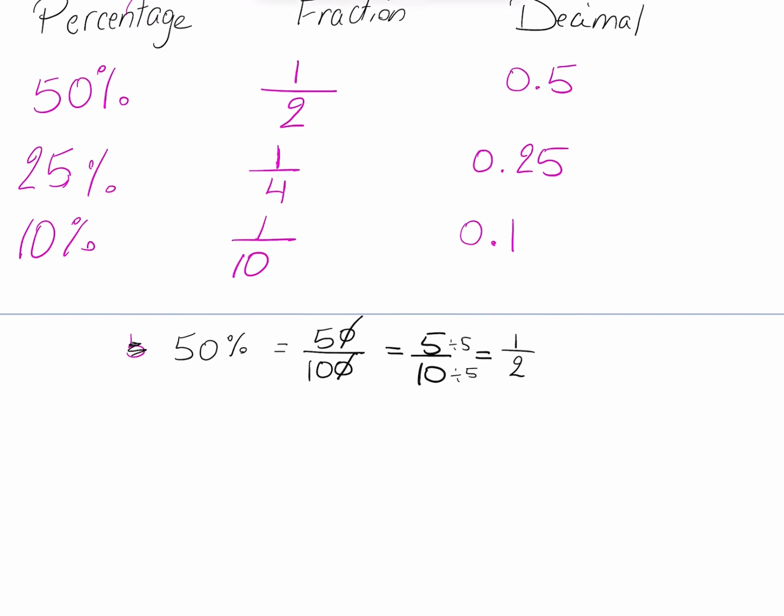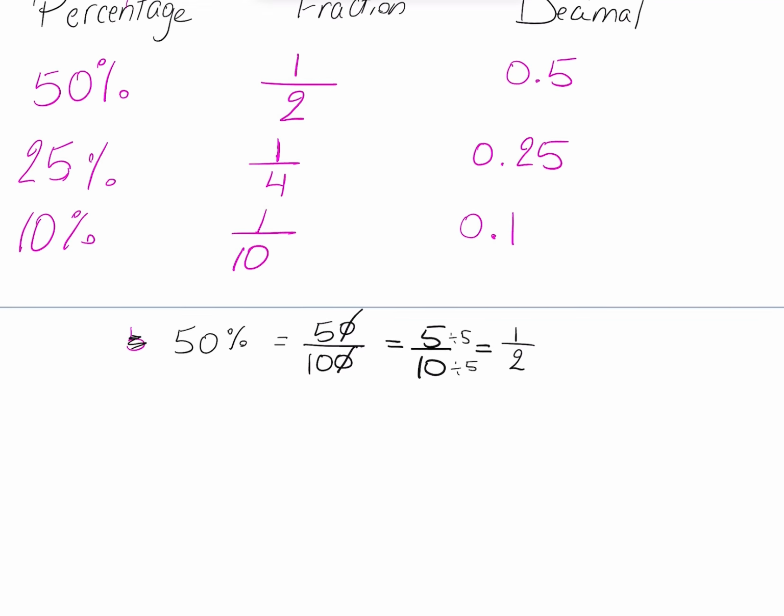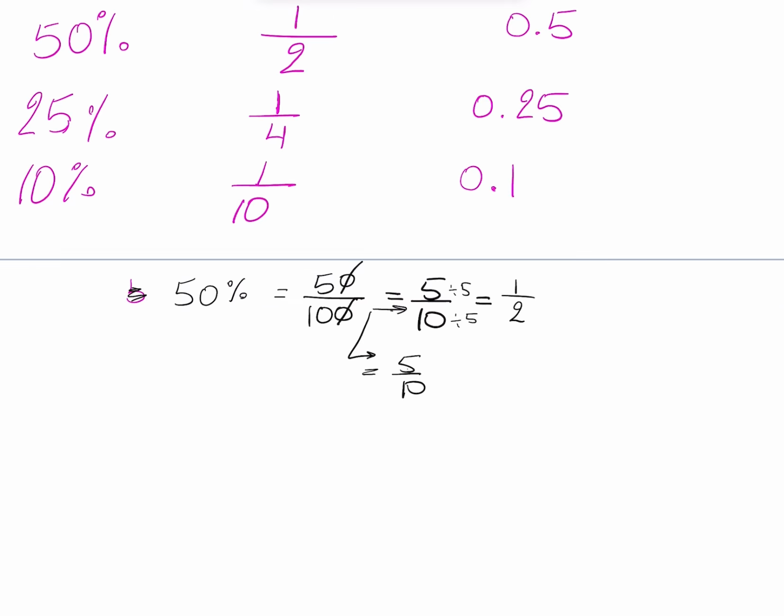And now if I want to convert into a decimal, let's look here. I have 5 divided by 10. If we divide by 10, I have only one 0 here. That means I will go to the left one place. I will have 0.5. If I have 25%, it means 25 divided by 100.